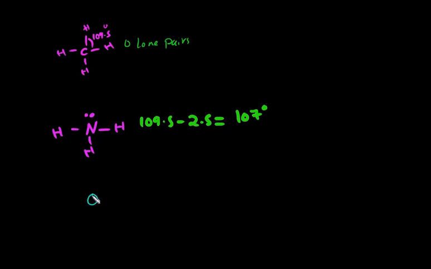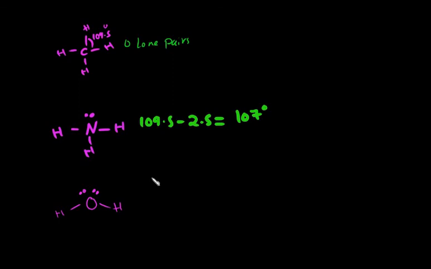O is central, with H, H. Because oxygen has 6 valence electrons, if it bonds with 2 hydrogens, it will leave 2 lone pairs.